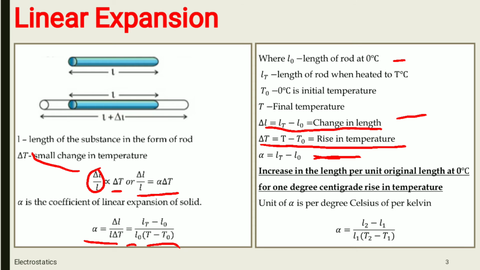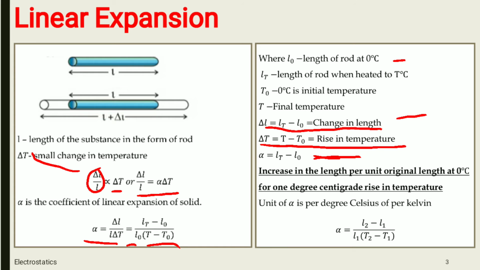Okay, and this is your definition of the coefficient of linear expansion of solid. It is defined as the increase in length per unit original length. LT minus L0 is the change in length, or the increase in length, per unit original length.